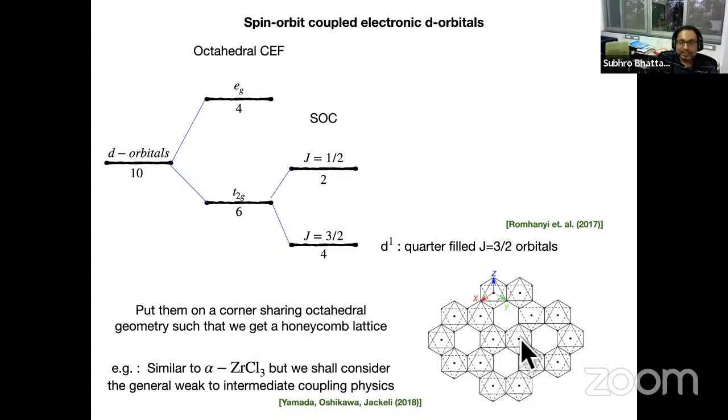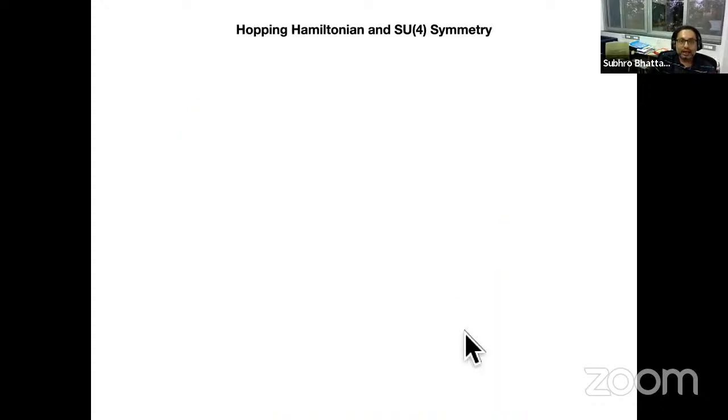The point is that these d orbitals sit in the corner-sharing, edge-sharing octahedral geometry, and the starting point is to think about the low energy part of the electronic band structure of these orbitals. If one constructs the minimal hopping Hamiltonian, one needs to think about the 4 J equal to 3/2 atomic orbitals and implement all the symmetries.